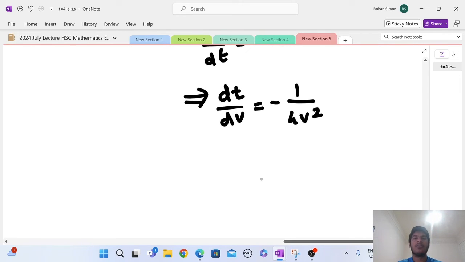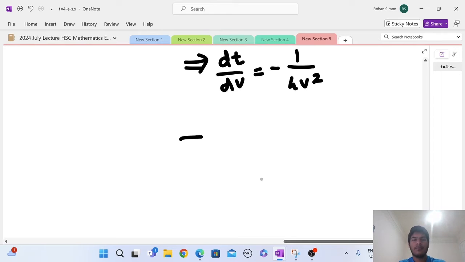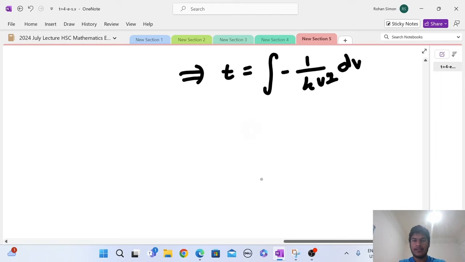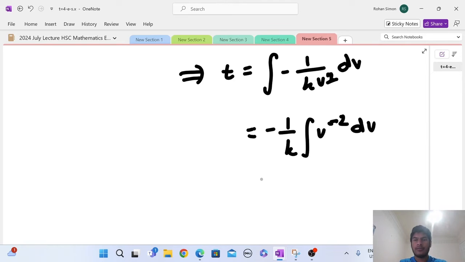And so we end up with time as being the integral of minus 1 on kv squared. And that's just going to be minus 1 on k, integral of v to the minus 2 dv.